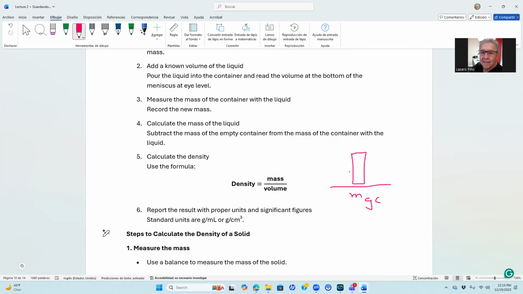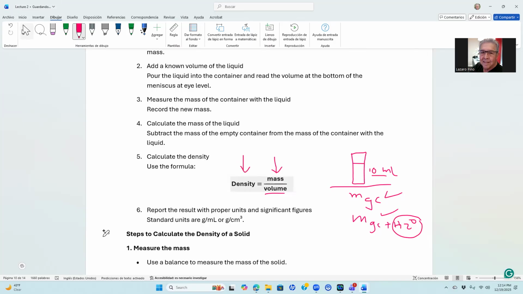And then you introduce a volume of water, for example, 10 milliliters, and then you get the mass of the graduated cylinder plus the water. If you subtract this mass minus this, it will give you the mass of the water. And then you use the mass of the water here and the volume that you used here, and then you can calculate the density of the liquid.